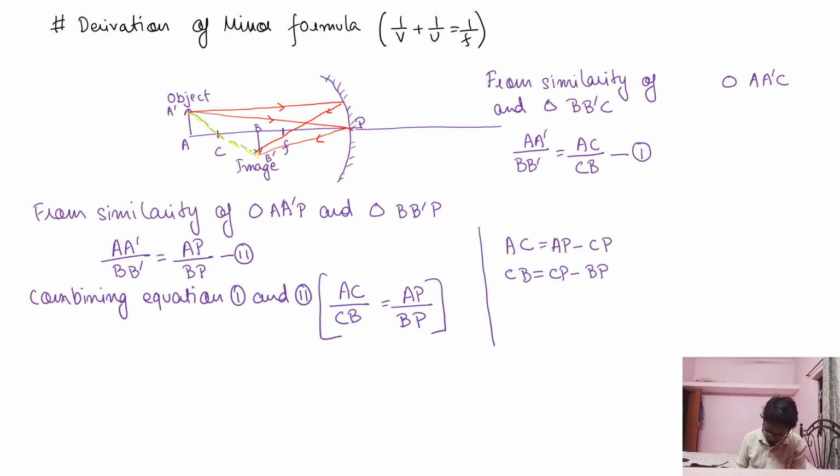If I substitute these two values out here, AC by AP minus CP, and CB by CP minus BP. So AP minus CP divided by CP minus BP is equal to AP by BP.